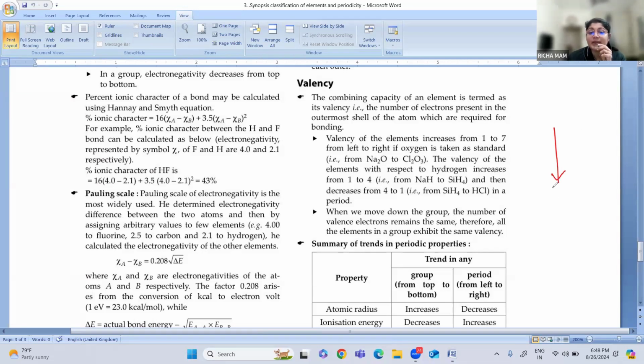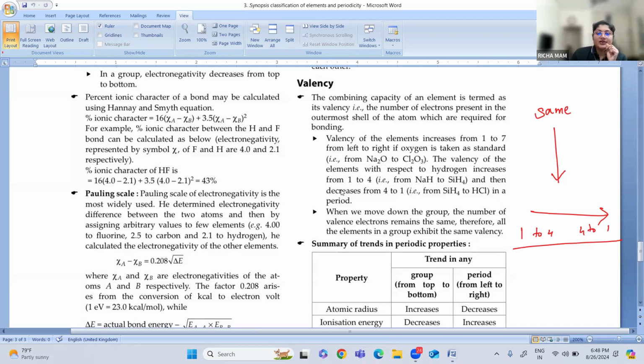The valency will remain the same. In the same group the valency is the same. But when you are moving across the period, it first goes from 1 to 4, and then from 4 to 1. So the valency increases and then decreases. So this is about valency. Remember, what is valency? It is the combining capacity of an element.